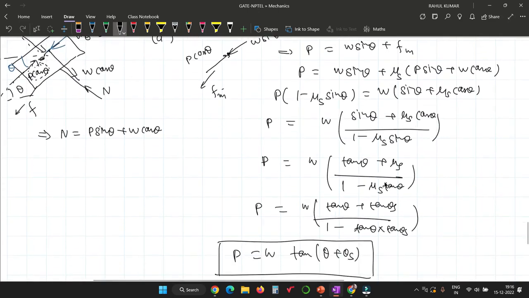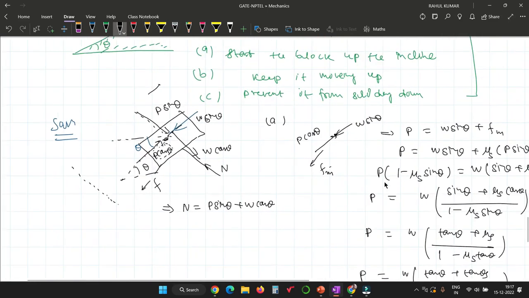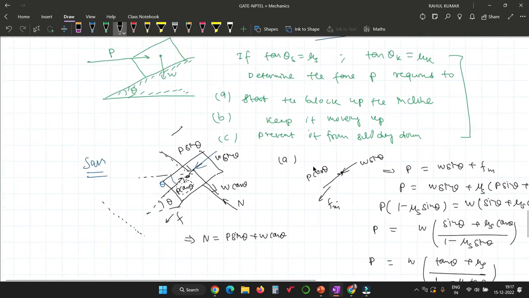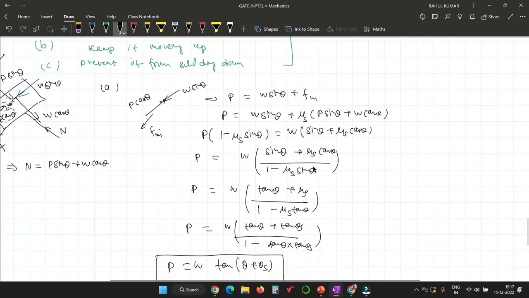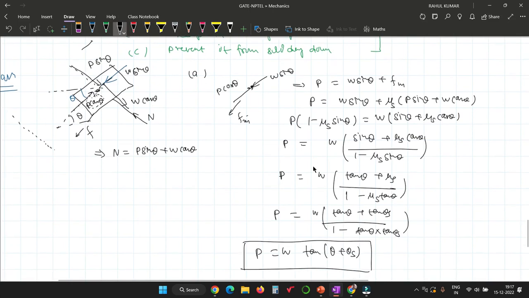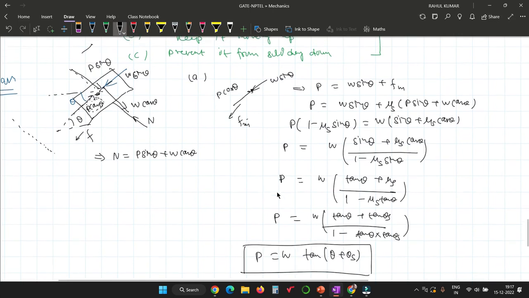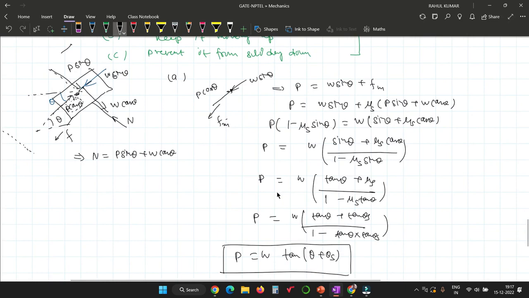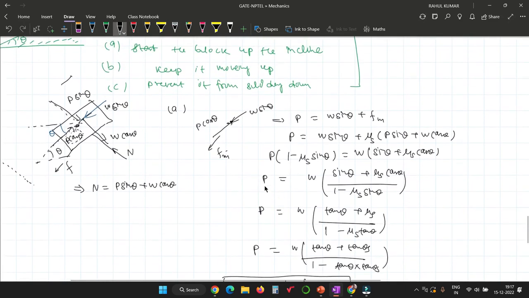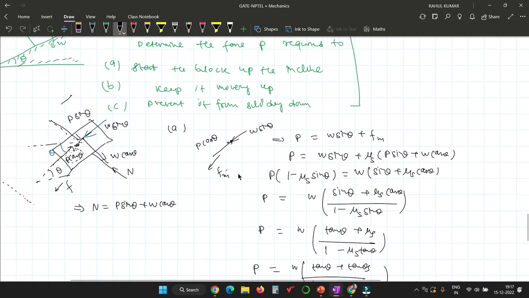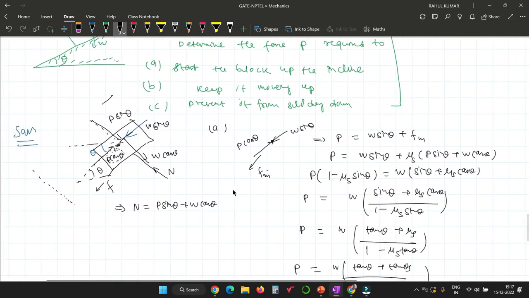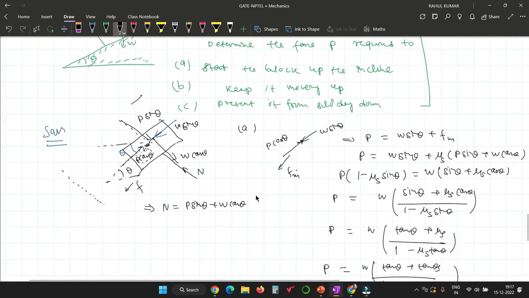Is there any doubt? In place of P, it should be P cos theta. In the starting, P cos theta is equal to W sin theta plus Fm.